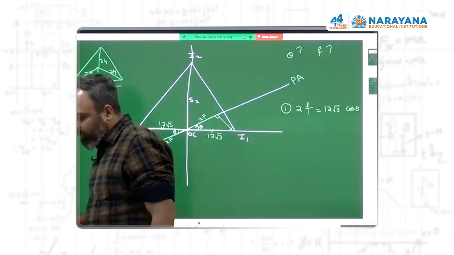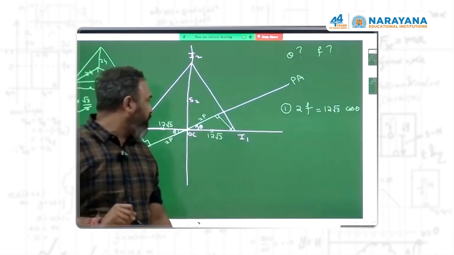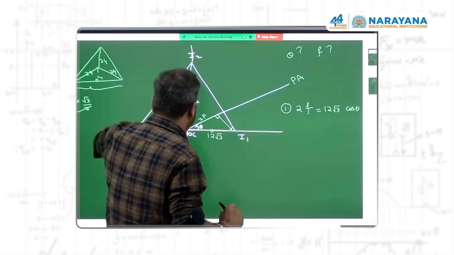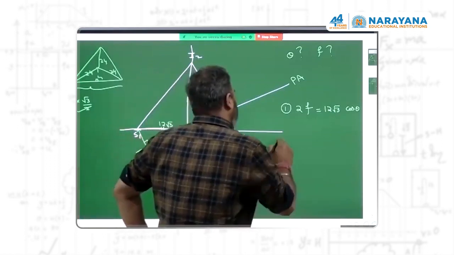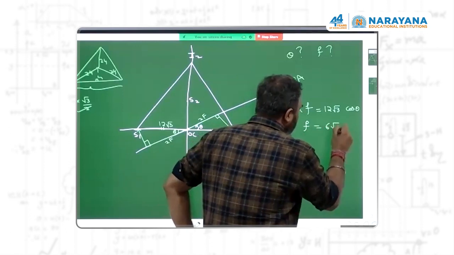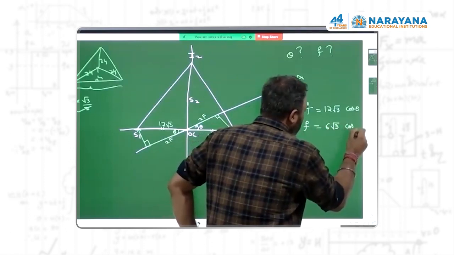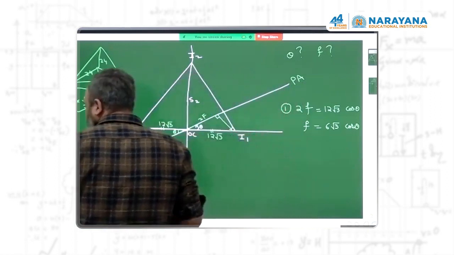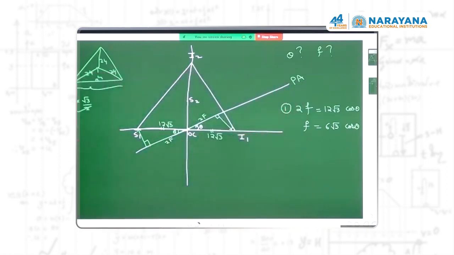But by virtue of this, I have got one equation: 2f should be 12 root 3 cos theta. And that makes my f as 6 root 3 cos theta. That is equation number 1.